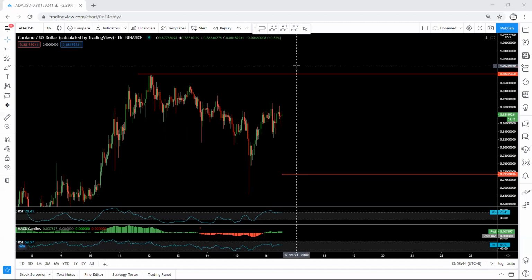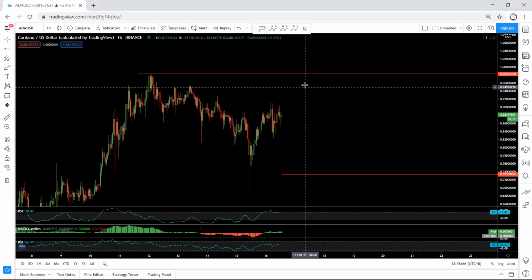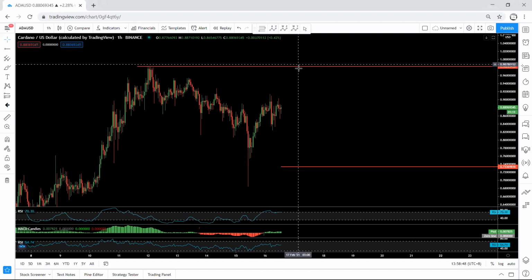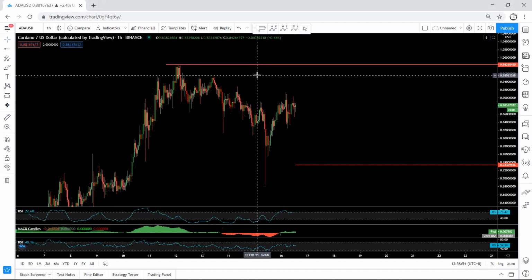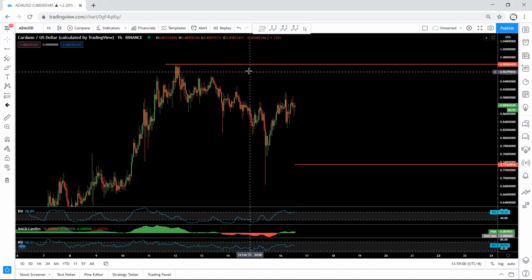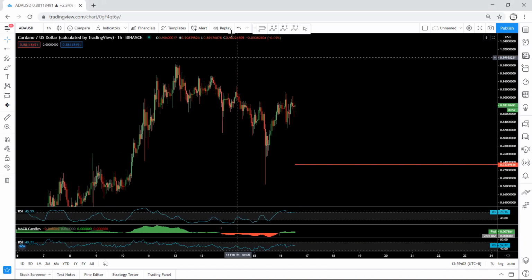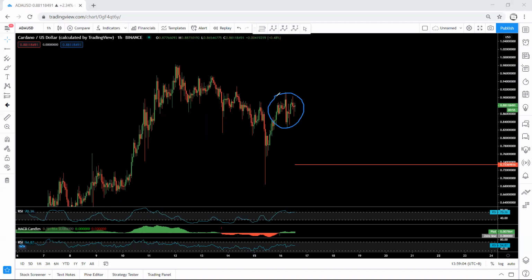I will give an update if I see any continuation, or if the price is going for the bigger correction or any changes. Anyway, we just follow the chart, and now the only thing is how we can get the trade from here. Thanks.